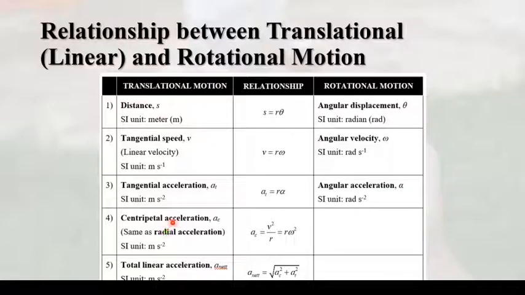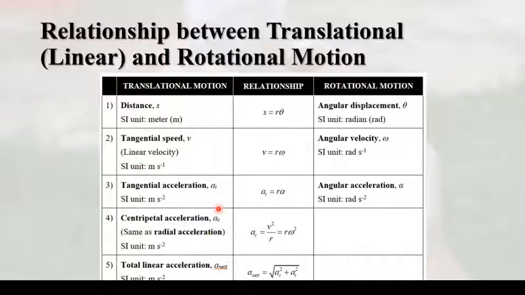Centripetal acceleration has another name known as radial acceleration. So a_c, you have learned in your chapter 6, is equal to v squared over r, and it is equal to r omega squared. So a_c, you can calculate by using linear motion, or you can calculate it by using the rotational motion method.